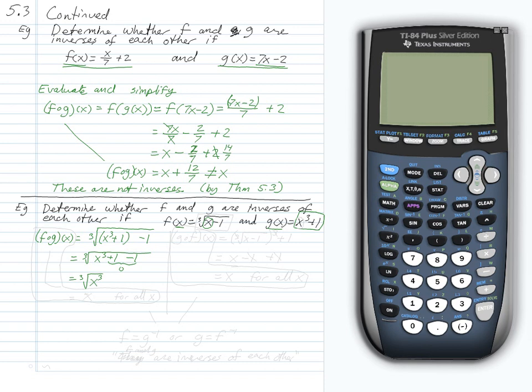And generally speaking, the cube root of a number cubed is x, whatever that number was, right? If we take 2 and we cube it, we get 8. Cube root it, we'll get back to 2. If you take negative, say, 5, cube it first, working from the inside out, we would get negative 125. Its cube root brings us back to negative 5. Okay, so this works for all x.